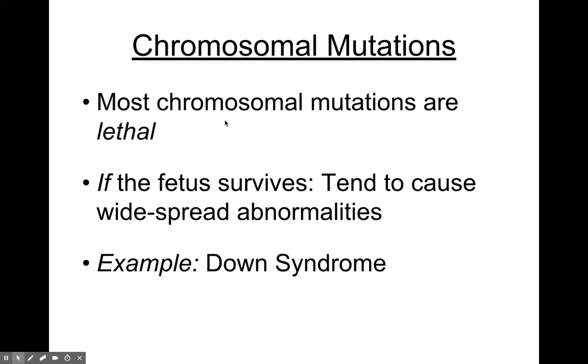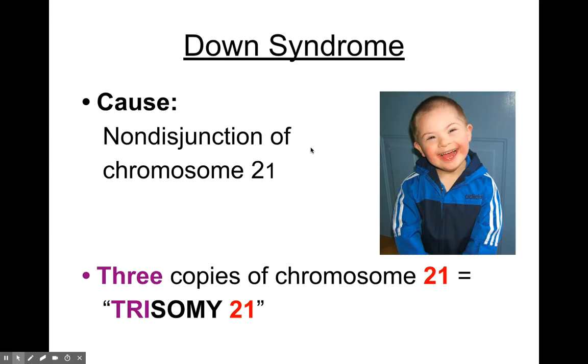Most chromosomal mutations are lethal. There are very, very few exceptions to this rule. If the fetus survives, it tends to cause widespread abnormalities. A really good example of this is Down syndrome. The cause of Down syndrome is non-disjunction of chromosome 21. People who have Down syndrome have 3 copies of chromosome number 21.